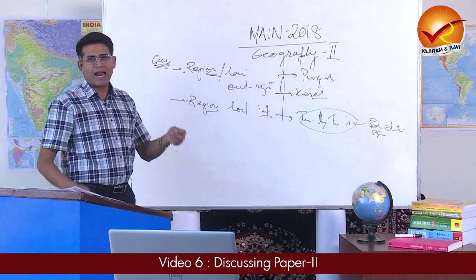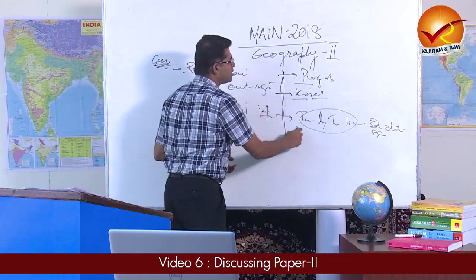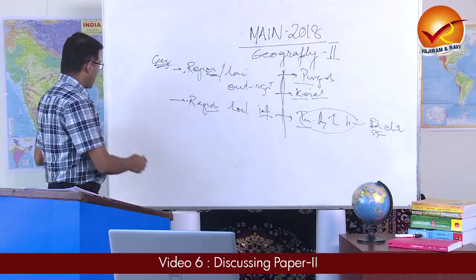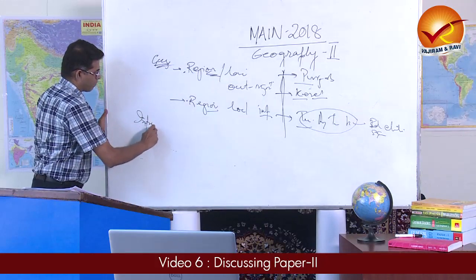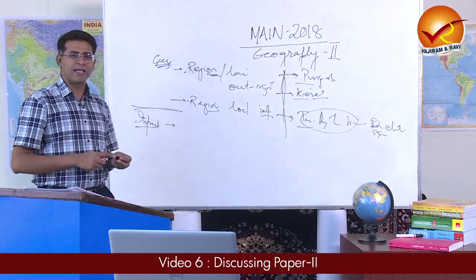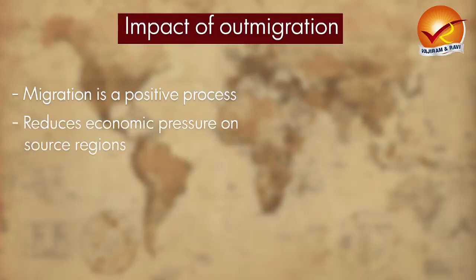To this you can add other examples also, but more or less these three regions capture the recent trends in migration. Now the impact: you can start the discussion by saying that migration is a positive process. Out-migration in a way helps reduce the pressure on the source regions.